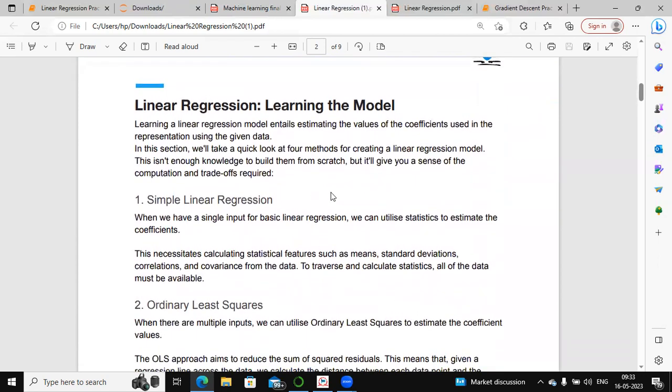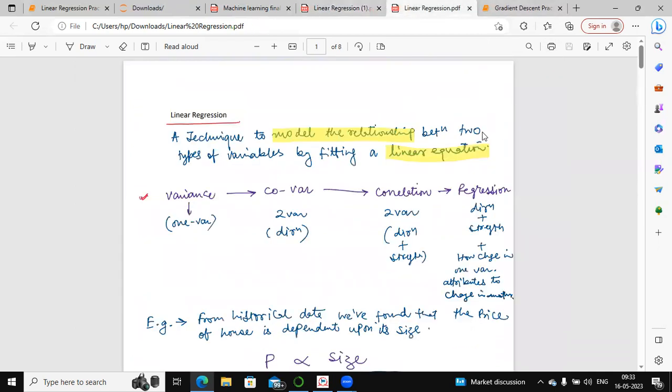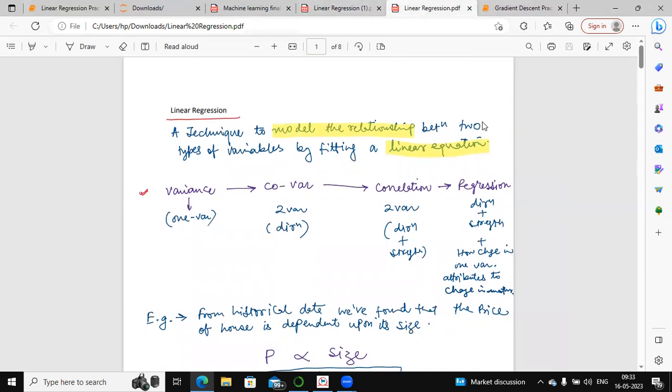So before coming to learning the linear regression model, let me cover the notes that I have written. Just understand what I'm going to discuss. So what is linear regression?